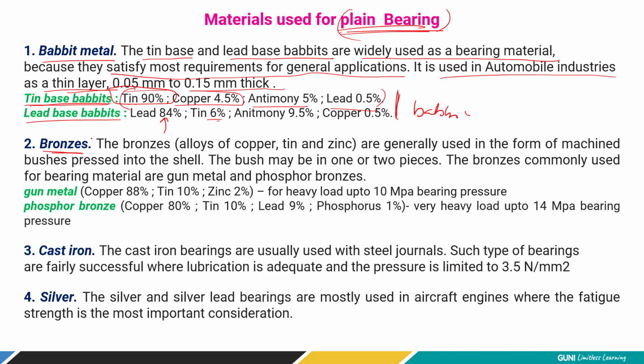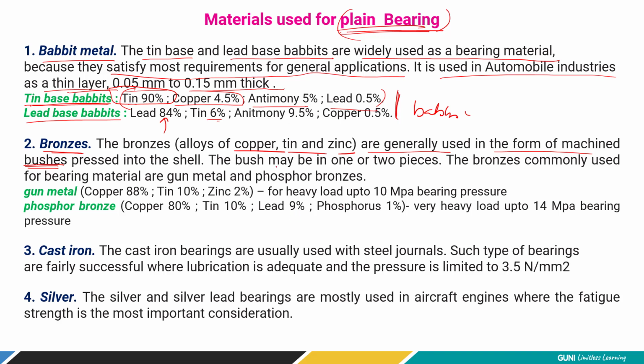Now the second is bronze. Bronze is simply an alloy of copper, tin and zinc, generally used in the form of a machined bush. Try to understand, wherever you see the bush, that yellowish part in a cylinder or a rotating element, it is used for easy replacement.